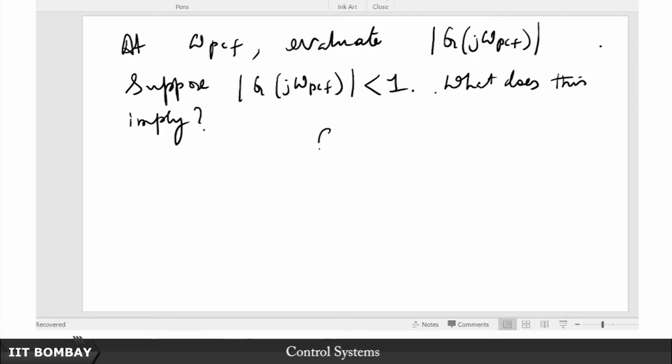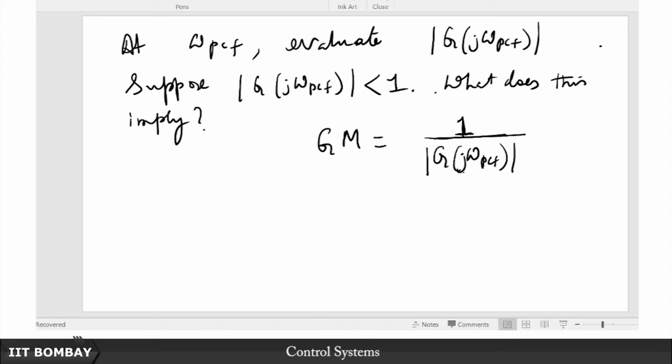If you do not go for the logarithmic expression, the gain margin is given by 1 over |G(jω_PCF)|. Remember, the gain margin is evaluated at the phase crossover frequency. So I have this much gain budget.